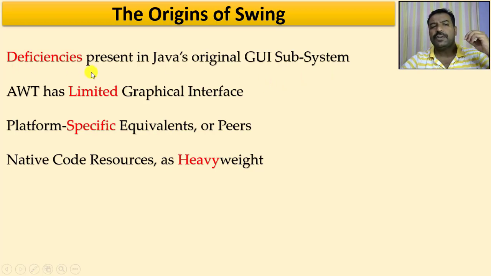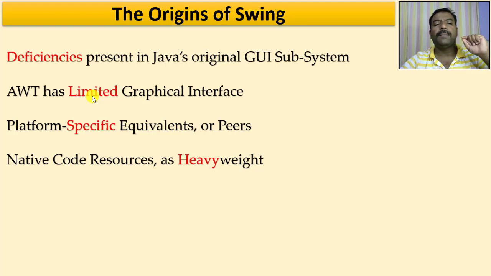It has some deficiency, and to address that deficiency we talked about Swing. Swing was designed and deployed so that we can have a modern GUI Java application. The AWT has a limited graphical interface, and it is limited due to many reasons.